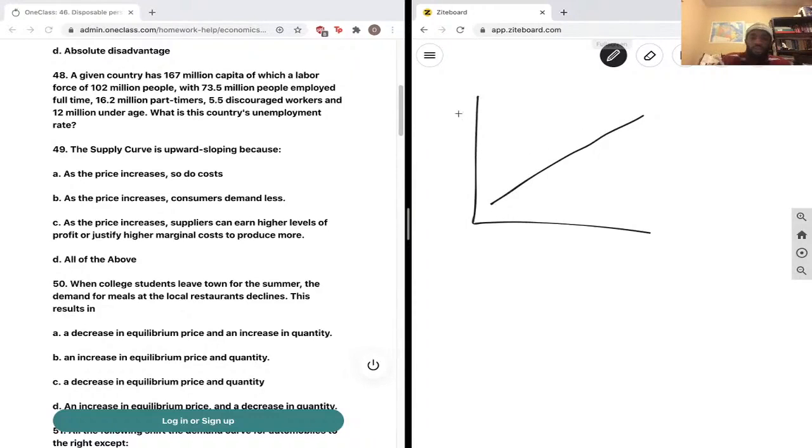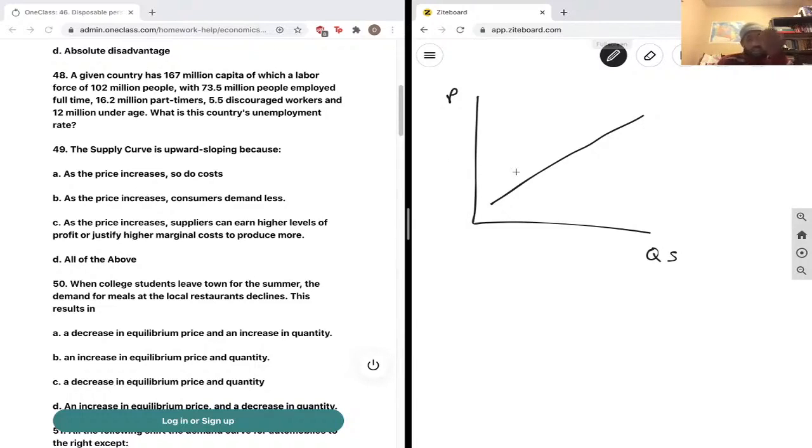This is kind of what the supply curve looks like. P and QS, quantity supplied. So as price increases, so do costs. That could be true. I don't think that's why costs increase, because price increases. I would say price increases because cost increases. So I would say A is not really a complete answer. So that leaves us with C. As price increases, suppliers can earn higher levels of profit.